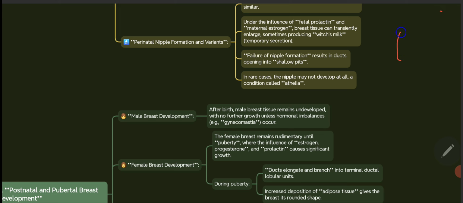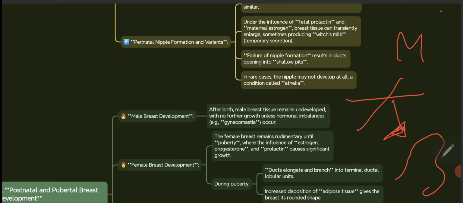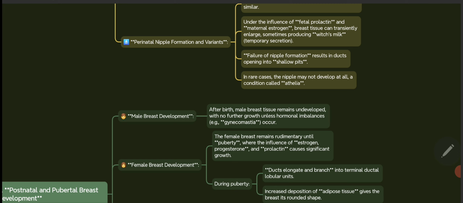So males have no development at all, but hormonal imbalances will cause it to grow. Then the female breast development.